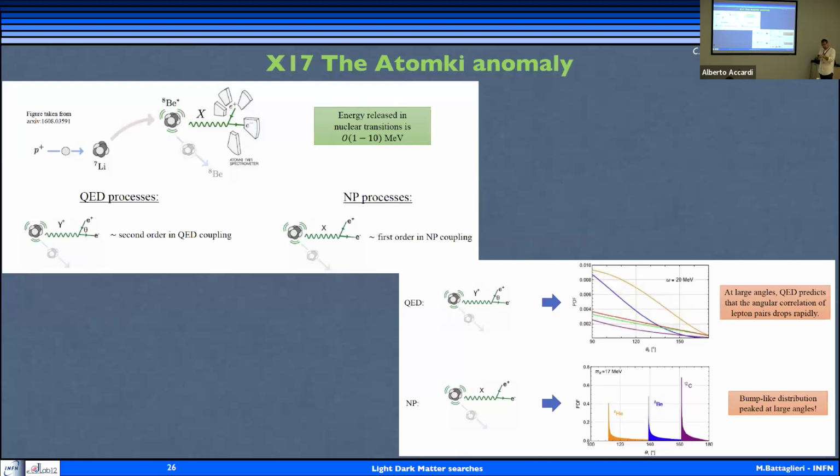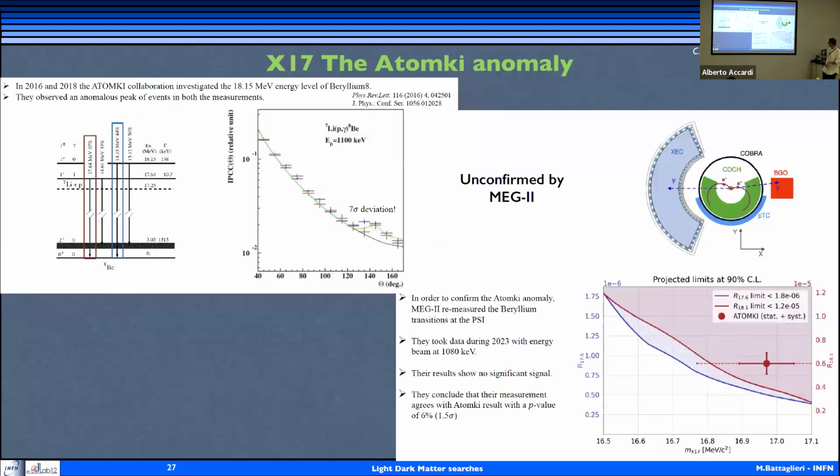So the e+ e- distance in angle tells me exactly what the mass is. It is strongly correlated to the presence of a resonance, and where I find this peak in theta, I can also infer the mass of the X. And this was the measurement they did, found here in the first published paper.